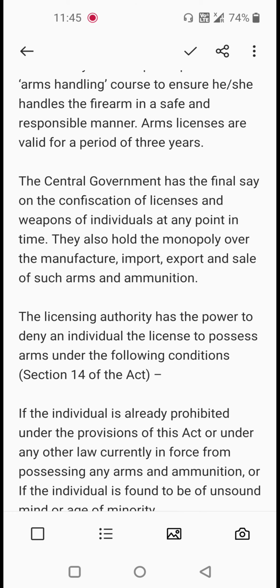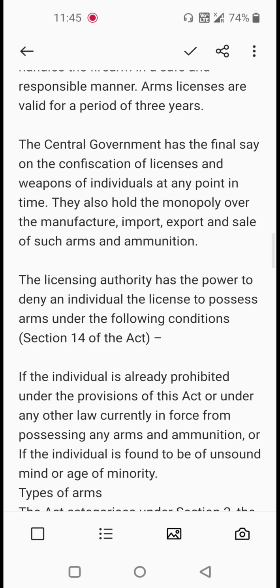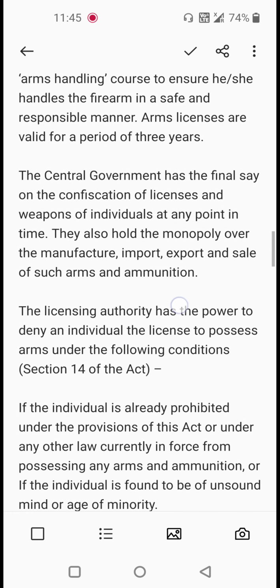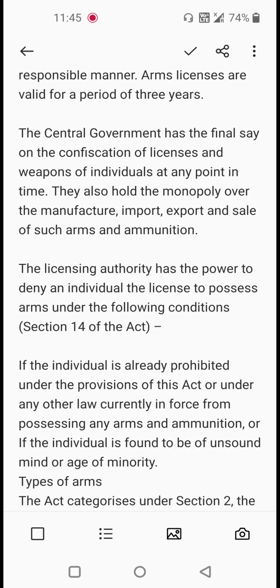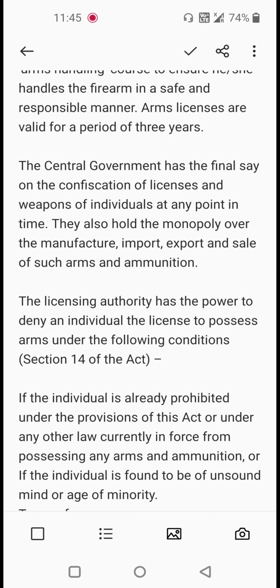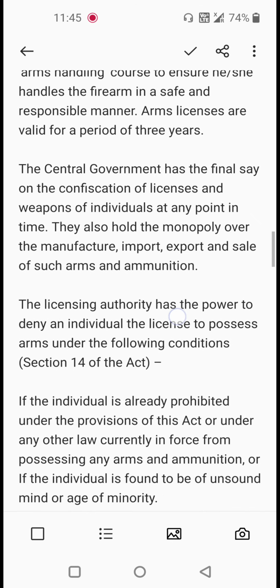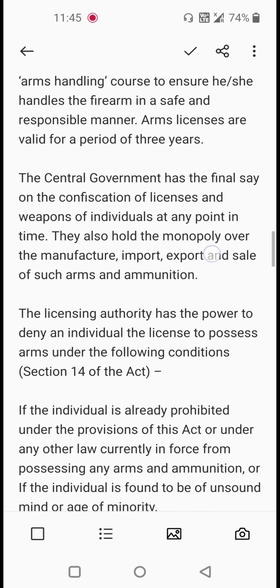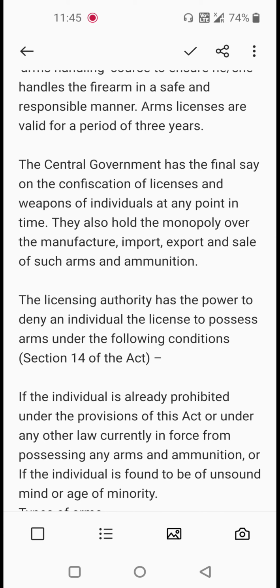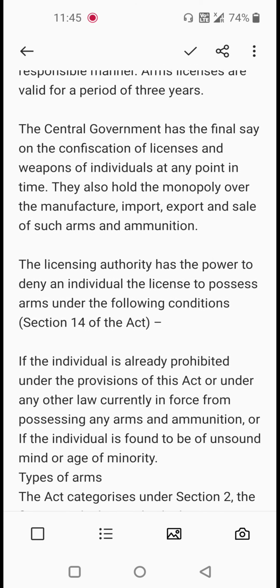You know that there has been a lot of oppression, a lot of rights issues, many heated events in the past that we have seen. So the central government has the final say on the confiscation of licenses and the weapons of individuals at any point of time.